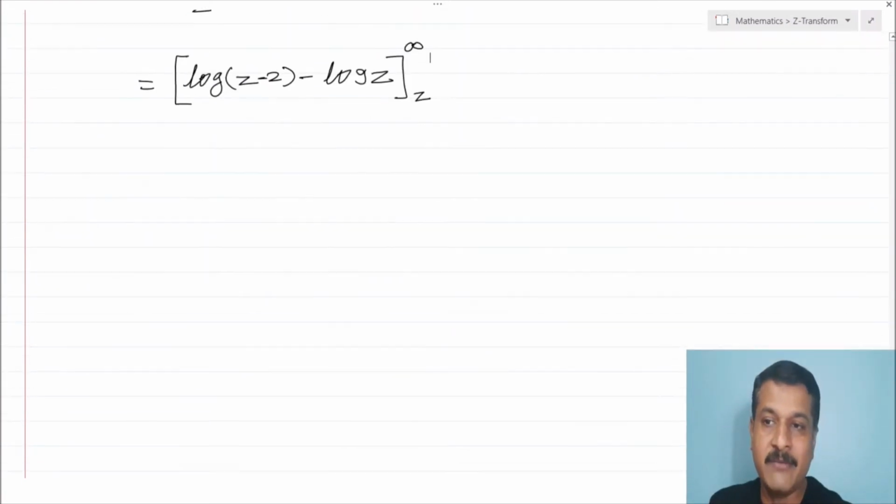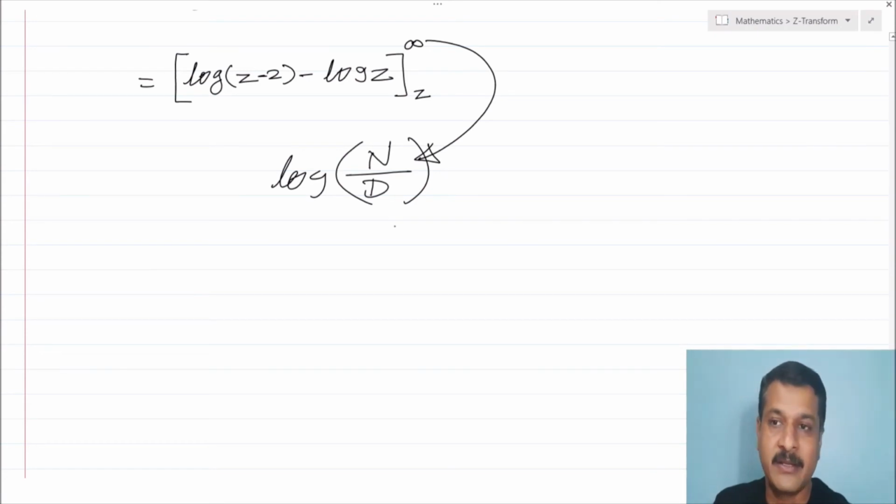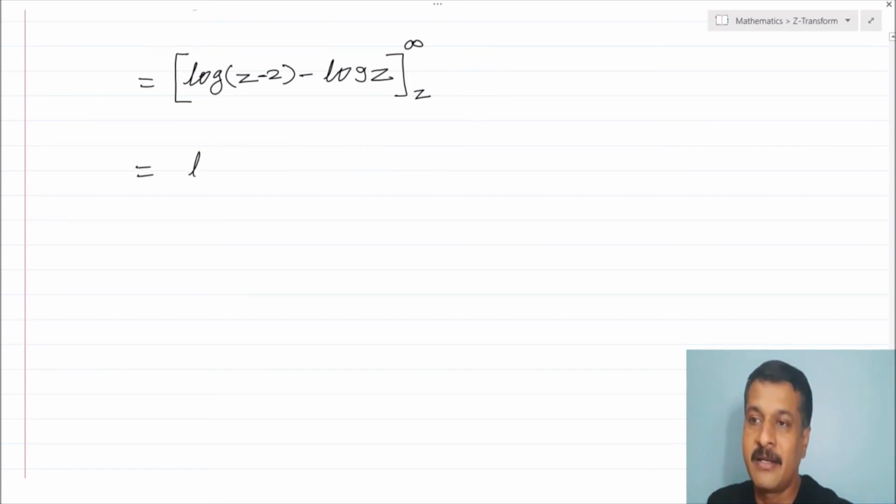Note that when we are going to substitute infinity as a limit for logarithm, it should be in the form of numerator by denominator, then only you can put infinity. So I am getting here log a minus log b property of logarithm.